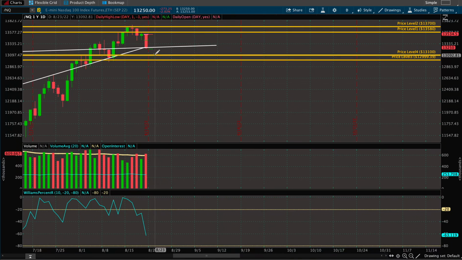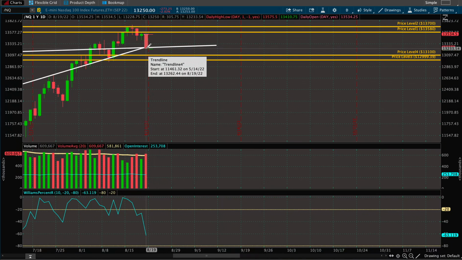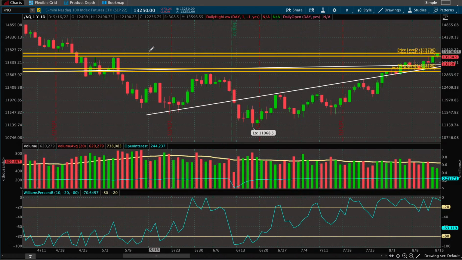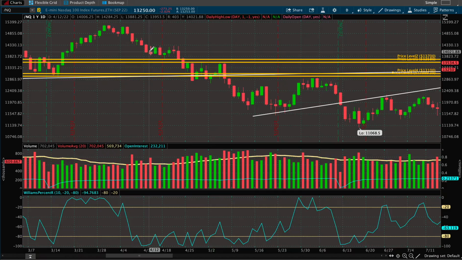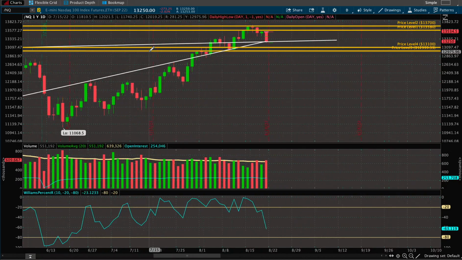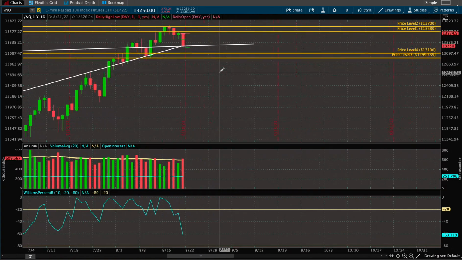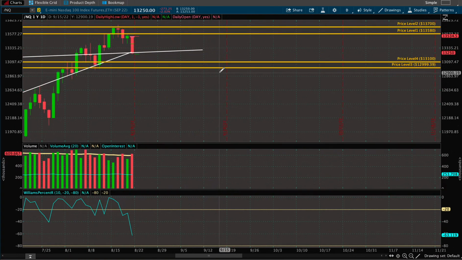So as I said, that's a strong area here, but I could not find any previous support areas there. So that's why I found the next support area, which was right at 13,000. Now why 13,100?